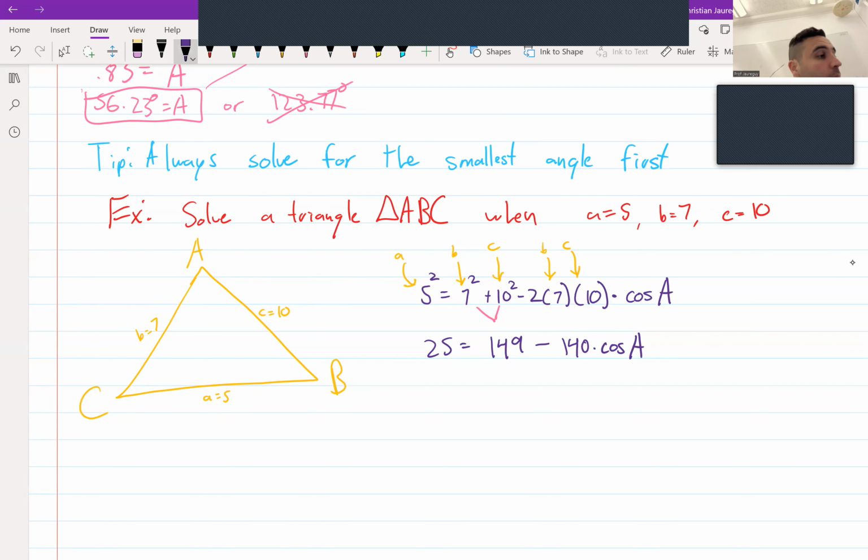And then this is just like a problem from last section. Subtract that over. 25 minus 149. And I know it's a negative number, but that's okay right now.